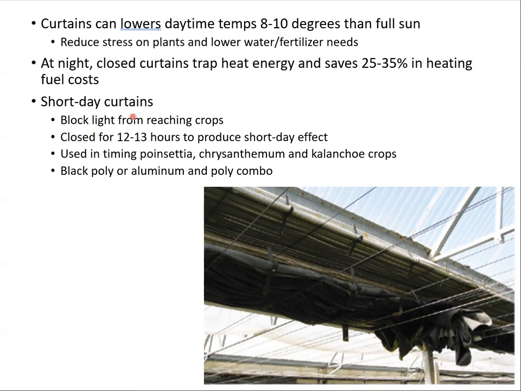Okay, so when we're talking about certain plants, there are certain plants that are photoperiodic. Photoperiodic plants have certain plant functions induced at certain amounts of light, and typically they're day period inductions.